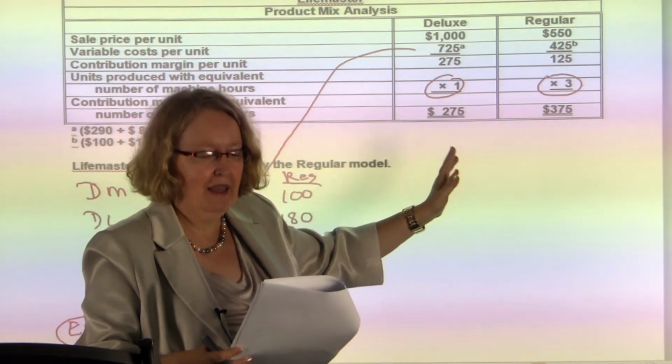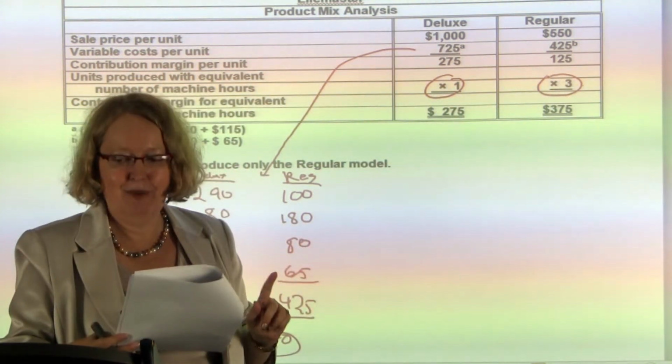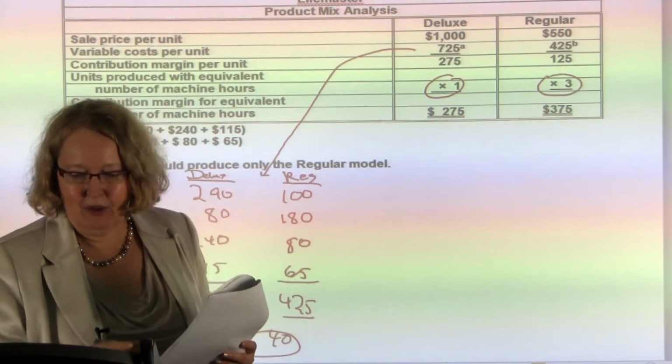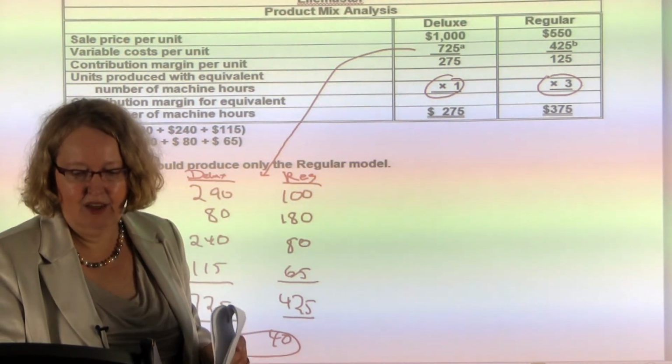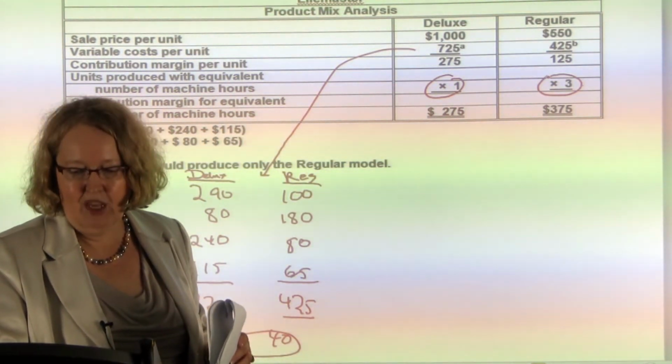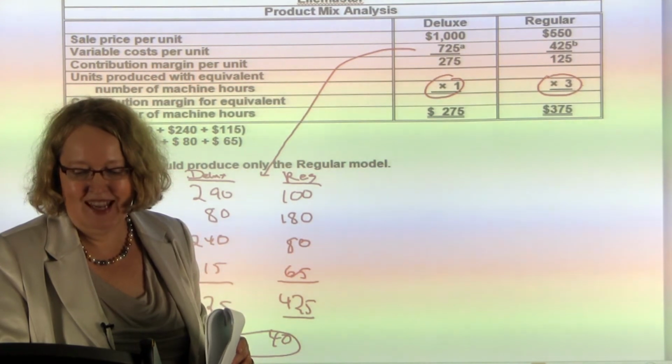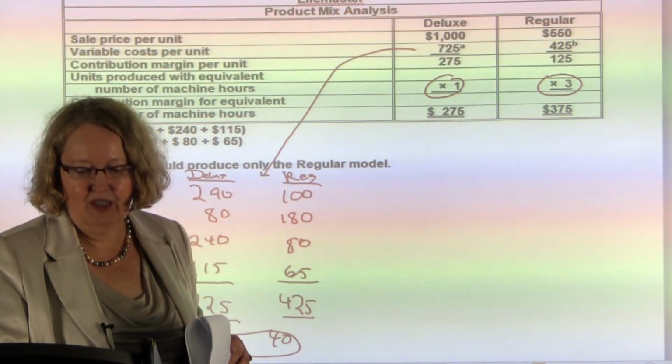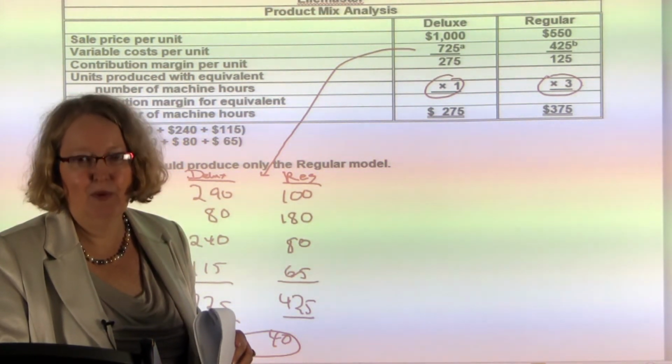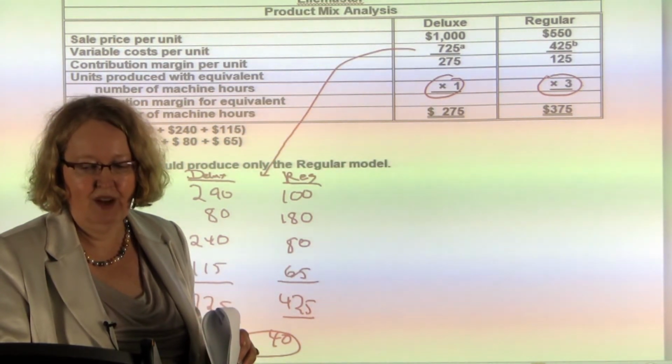And how do we come up with that information? Well, it's giving you a little hint in the problem. It says there underneath the table, hint, use the allocation of fixed manufacturing overhead to determine the proportion of machine hours used by each product.